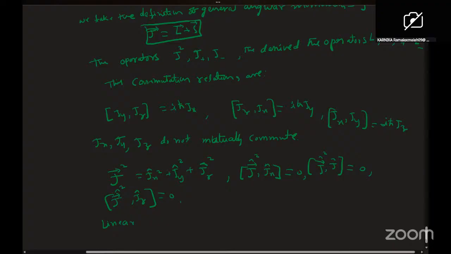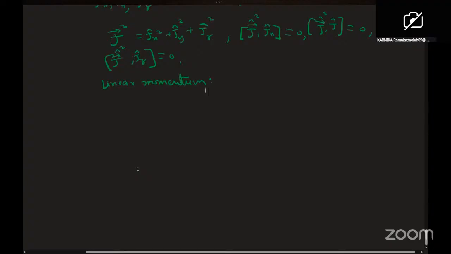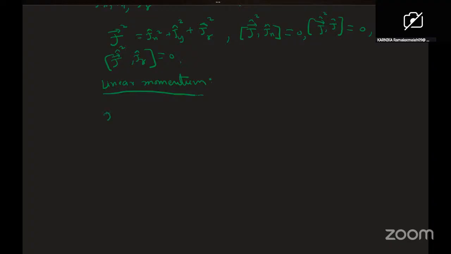Linear momentum: jx comma jx is equal to 0, jy comma jy is equal to 0, jz comma jz is equal to 0. This is the linear momentum equations part.